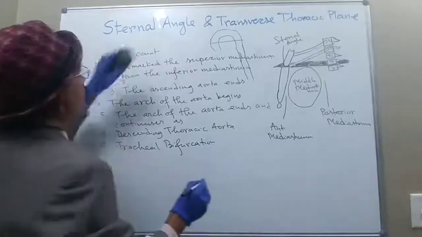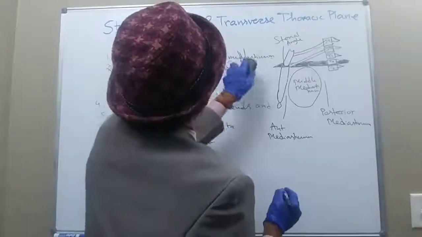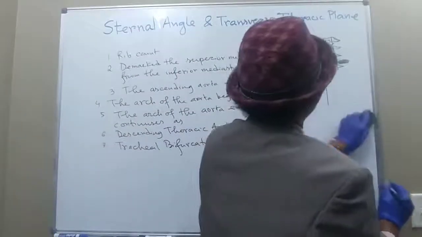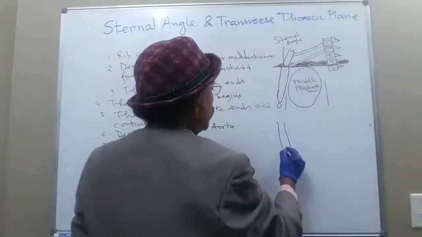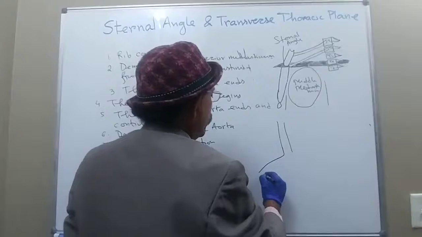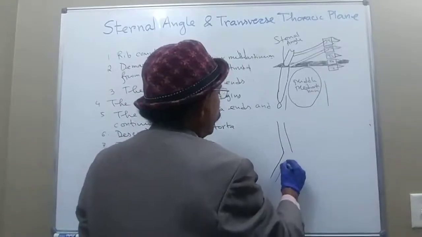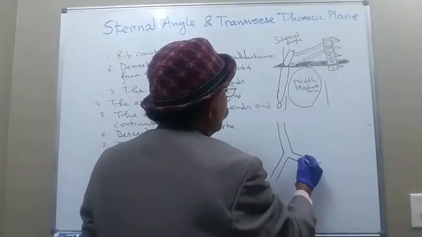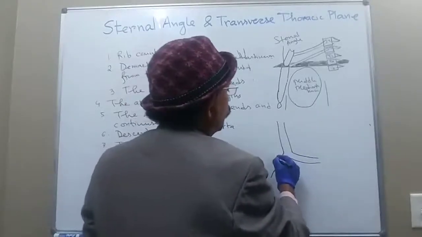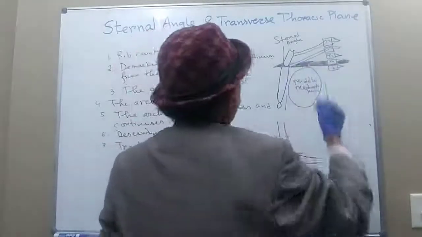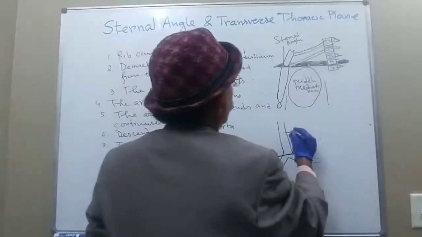Okay, so tracheal bifurcation. That is the trachea, like that, it bifurcates into the right principal bronchus and left principal bronchus. This is the point of bifurcation, and this goes through the transverse thoracic plane. This is the trachea.